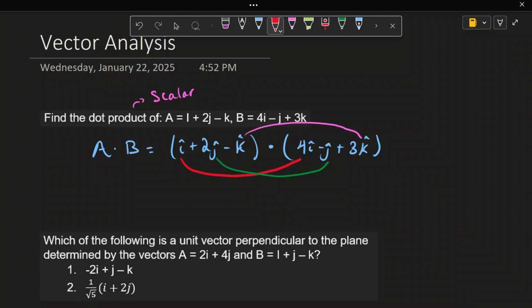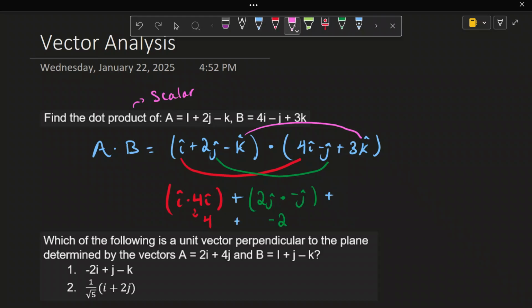So going here, we have I times 4I. Well, a unit vector dotted with the same unit vector is 1, so this is going to become 4. Then you have plus 2J times minus J hat, or negative 2.